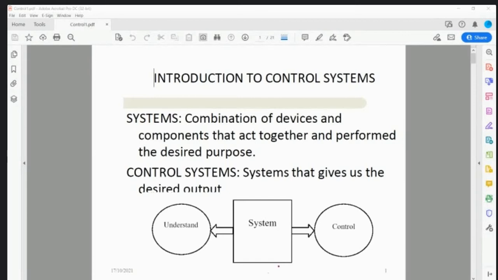Okay, it may give you only 18 degrees Celsius. Okay, so in this example, in this aircon system, we require a control system that allow us to control so that it will be able to give us the desired output.